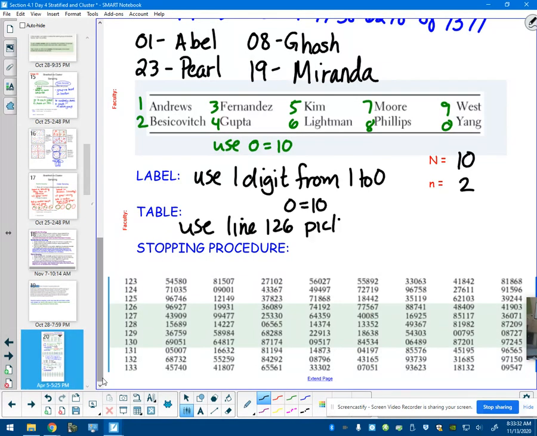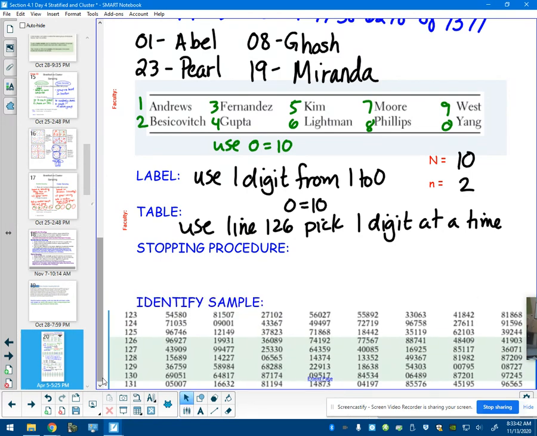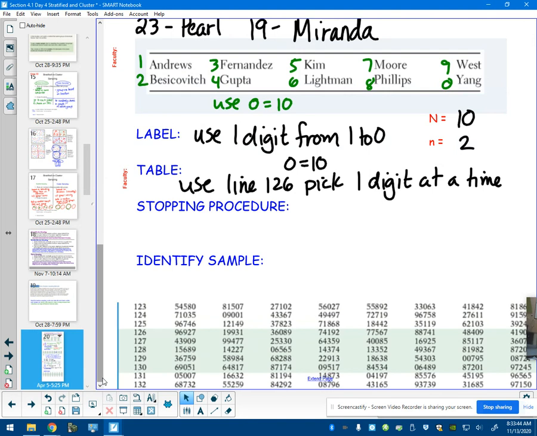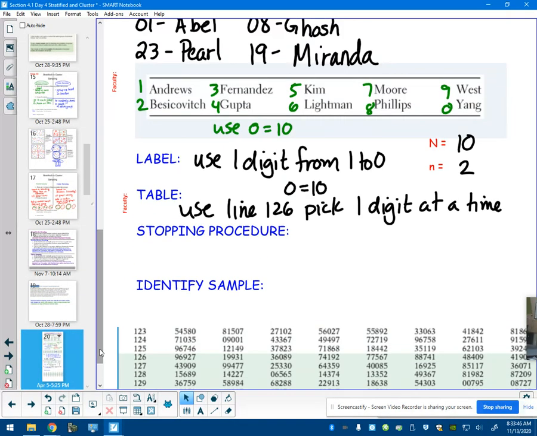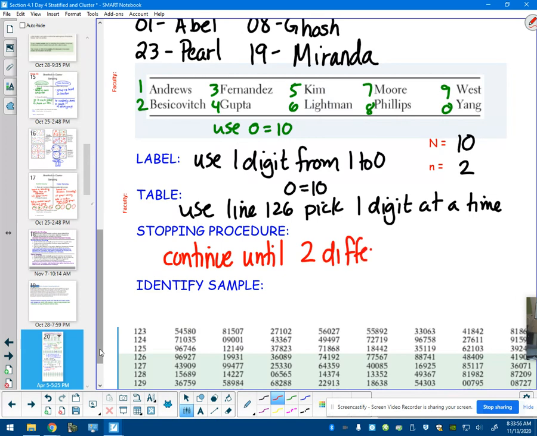Pick one digit at a time. I don't really have to say that. And Ben, do you know when I'm going to stop? Continue until you have 2 different numbers from 1 to 0.